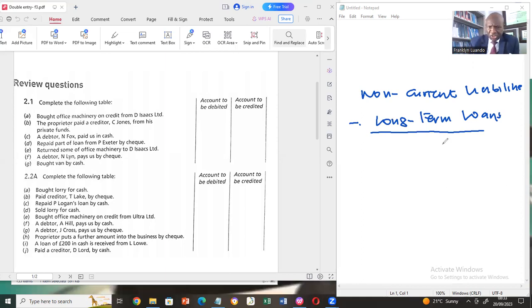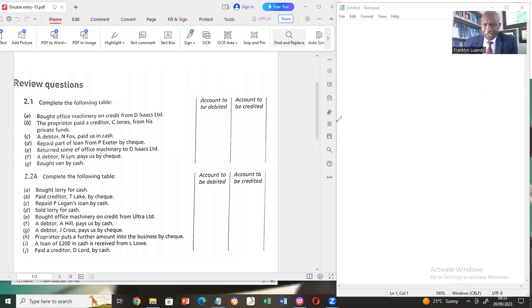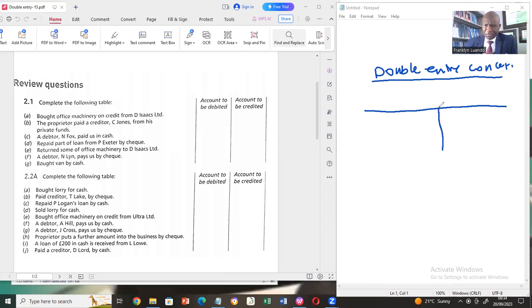The double entry concept. Here, I want you to understand that the double entry concept is also known as the dual concept. Before I explain it, I want to demonstrate that an account has two sides, the debit side and the credit side.